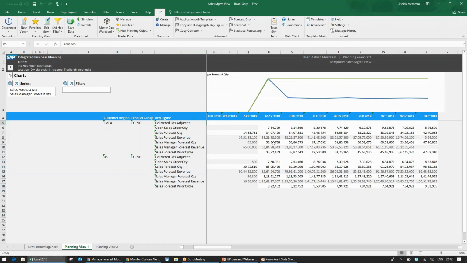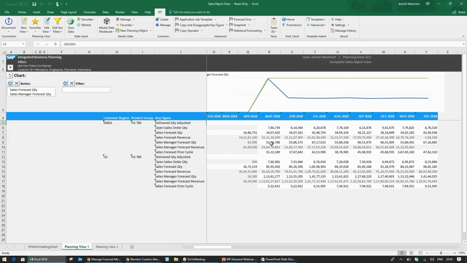So he can override the forecast revenue number, and then this can translate back to units and disaggregate to produce a corresponding product customer and location level sales management forecast quantity.